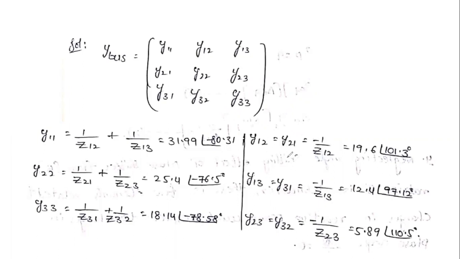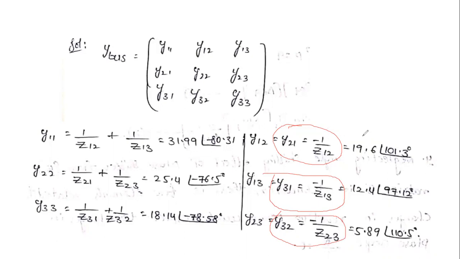Next, Y31 is equal to minus 1 by Z13. Next, Y32 is equal to minus 1 by Z23.